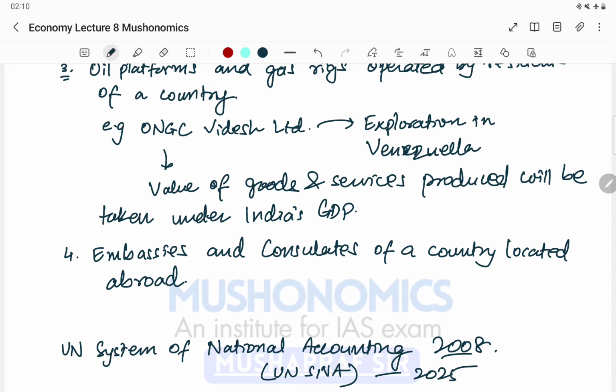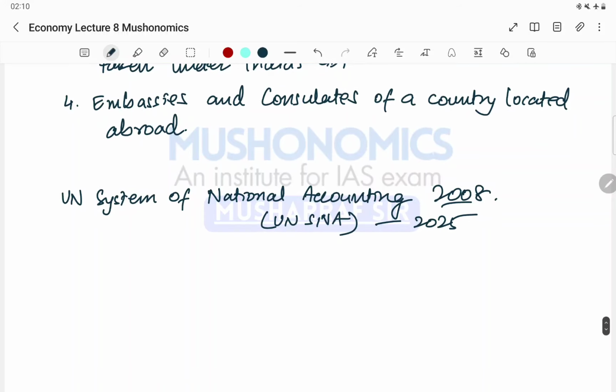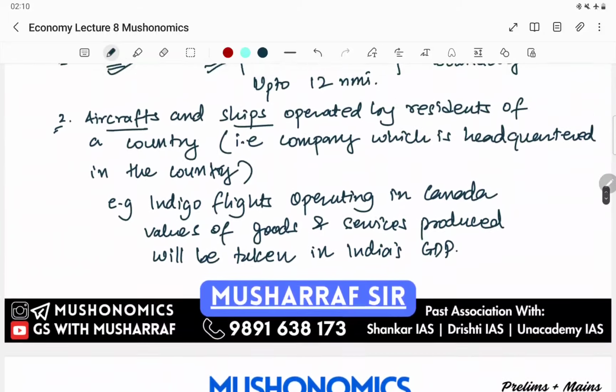For example, you are an Indian and you went to the US and unfortunately you committed a crime, and if you take shelter in India's embassy in the US, then you will not be tried under US laws etc. Yes, there are circumstances, and then you will be handed over to the local police. That is a different thing, but till the time you are in India's embassy in the US, you cannot be tried by the police under local rules and regulations or local laws, right? So this is about the domestic territory that we wanted to understand here.